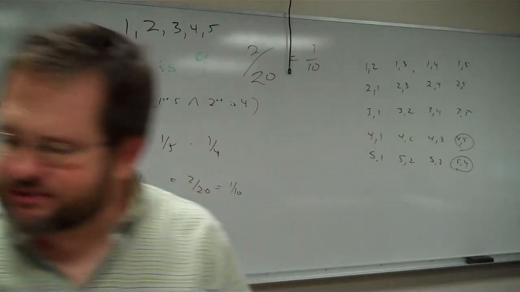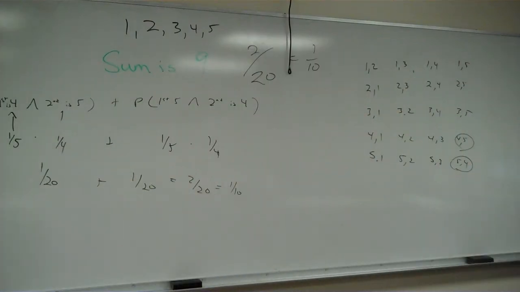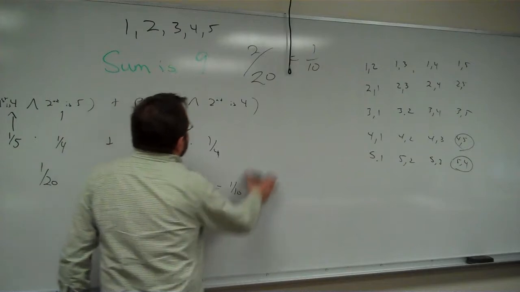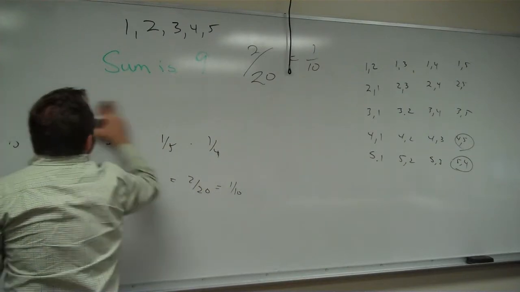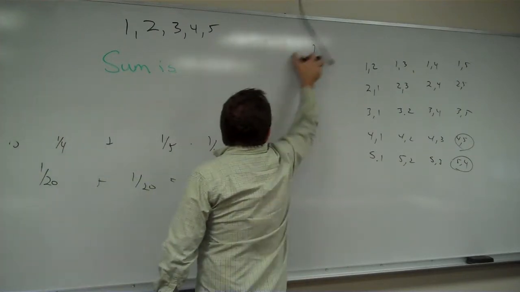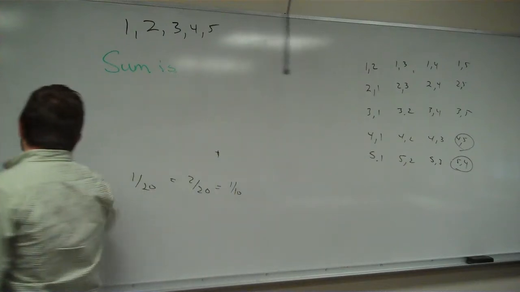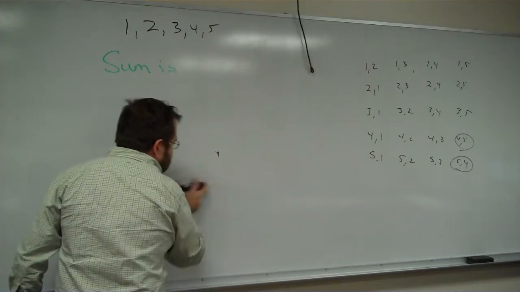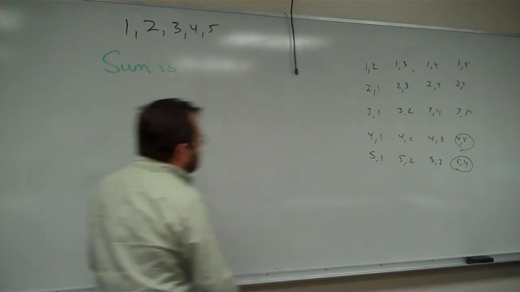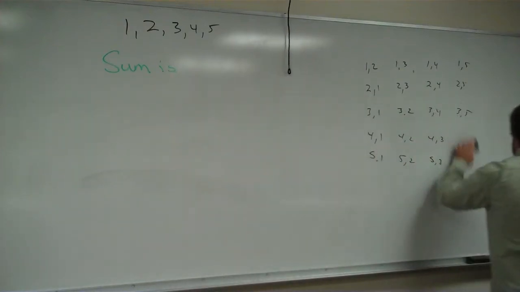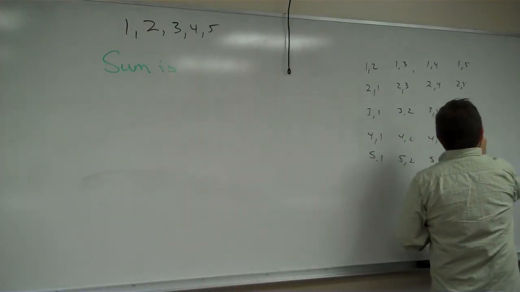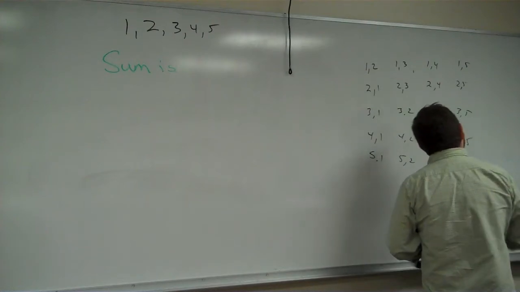All right, let's keep going on this one because this is an interesting one. Number B, the sum of the numbers is 5 or less. Now, here's the deal. Sum is 5 or less starts becoming a very difficult problem to solve using union rules. Let's go over here and see what we can do to articulate that. 4, 5, 5, 4.